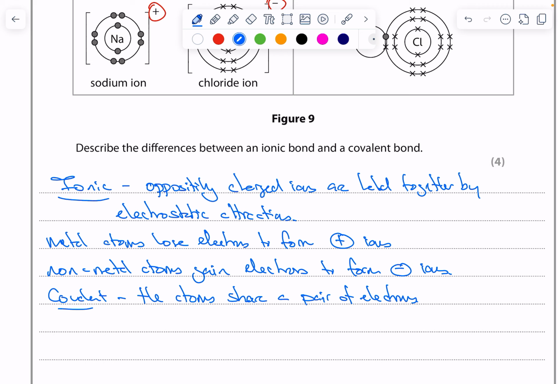Okay, so in terms of marks in there, you're going to say opposite charged ions are held together by electrostatic attractions. In fact, it's probably just going to be one mark there. You're then going to say metals do that to form positive ions, non-metals do that, and a covalent bond is sharing a pair of electrons.